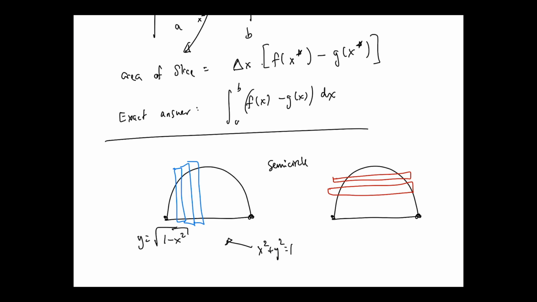But if I did the other one, with the red slices, how would I want to think about it? I'd want to think about it that way. Why do I have plus or minus here where I didn't on the blue version?